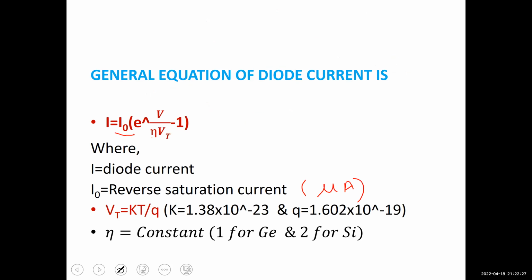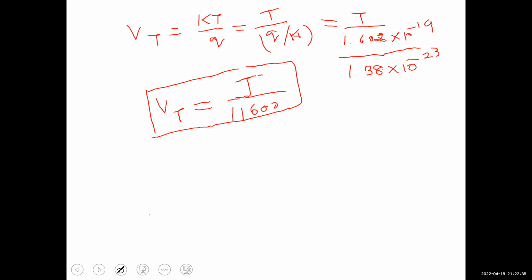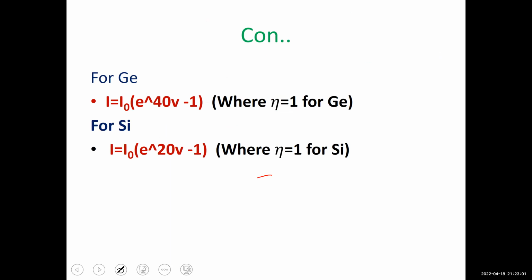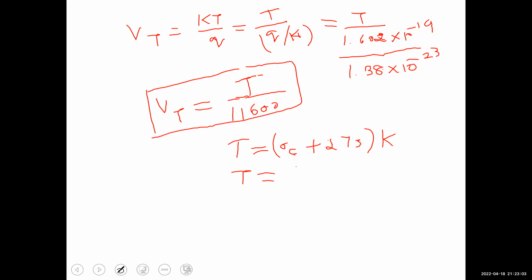Where T is the temperature of the PN junction diode, which is expressed in Kelvin. T in Kelvin is the temperature in degrees centigrade plus 273, added to convert it into Kelvin. So if the room temperature is 27 degrees centigrade, the temperature will be taken as 300 Kelvin.